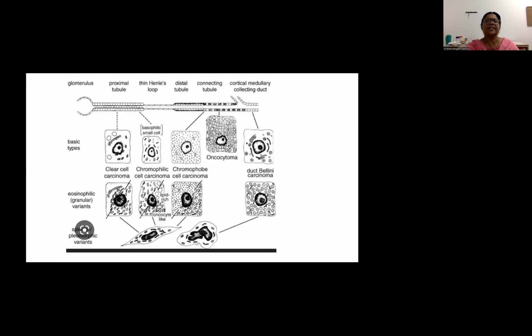And in the kidney, I'm just briefing the classification of the epithelial tumors, and the classification is based on the origin of the tumor.